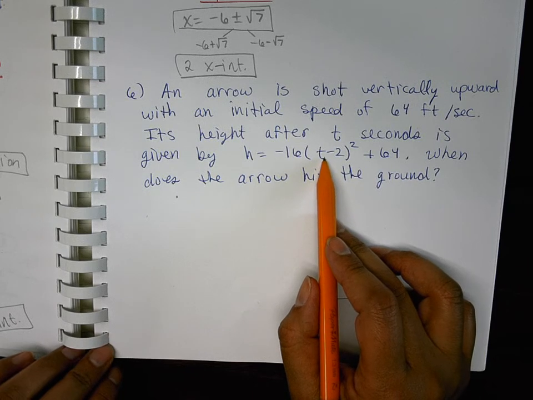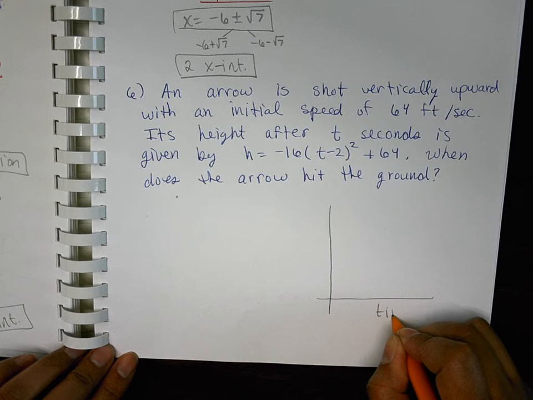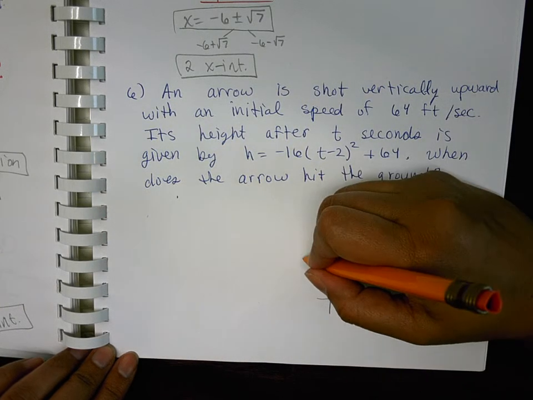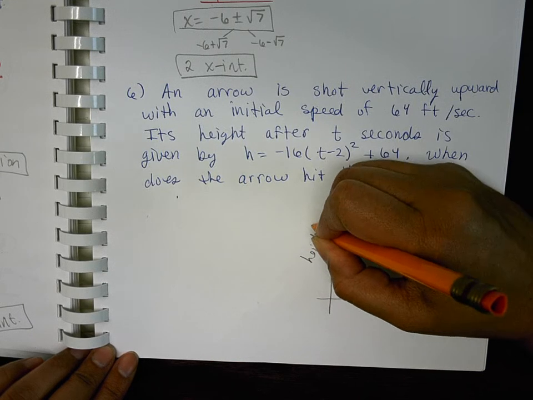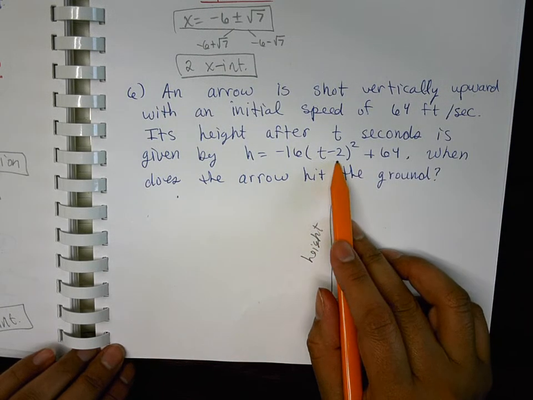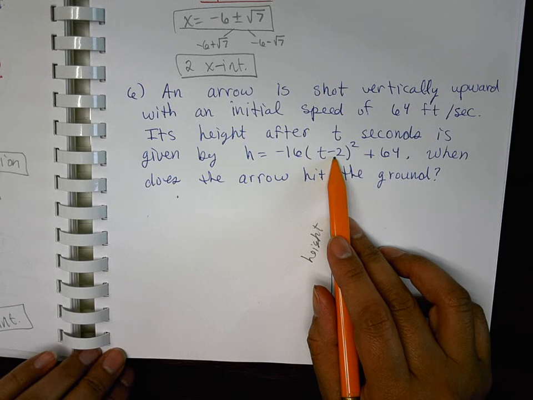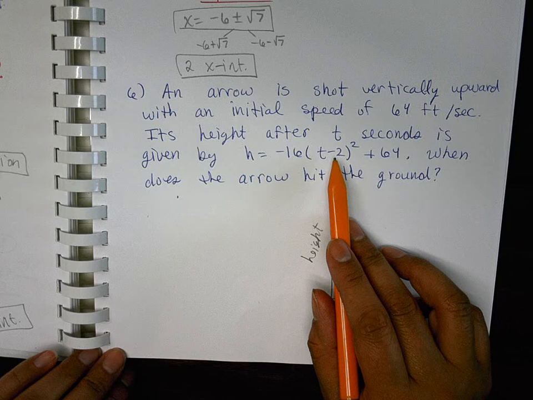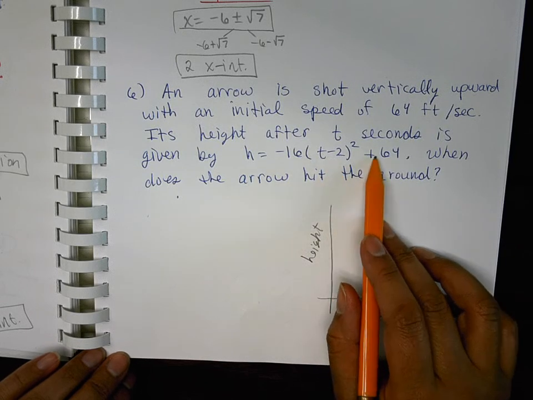Time. And instead of the Y variable, I have an H. And what does H stand for? Height. Okay, which way does this shift? Right here, this shifts right or left to? Come on, guys. Right. Right 2 and up 64.